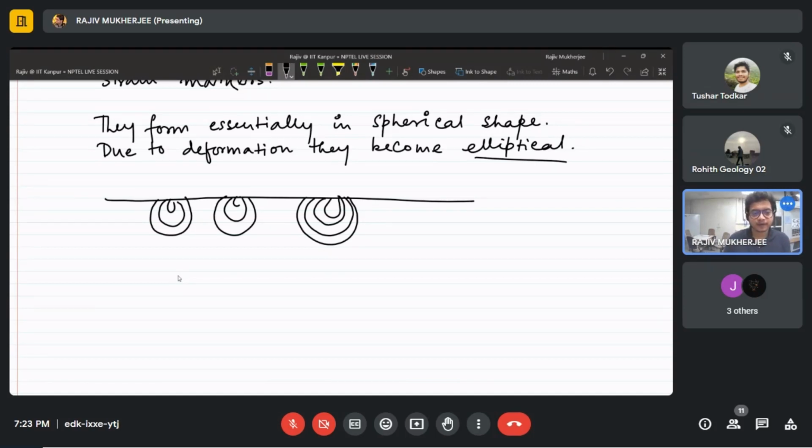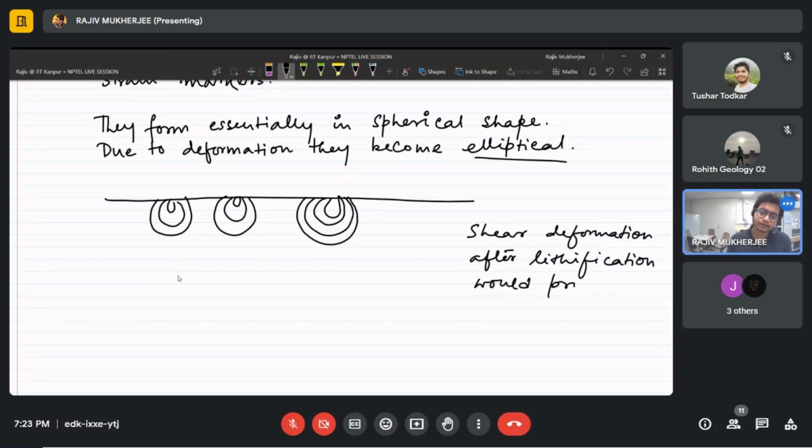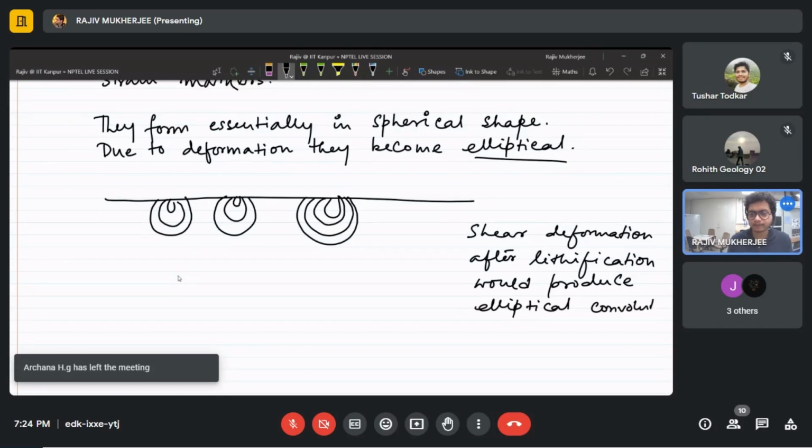So shear deformation after lithification would produce elliptical convolutes, right, like this.